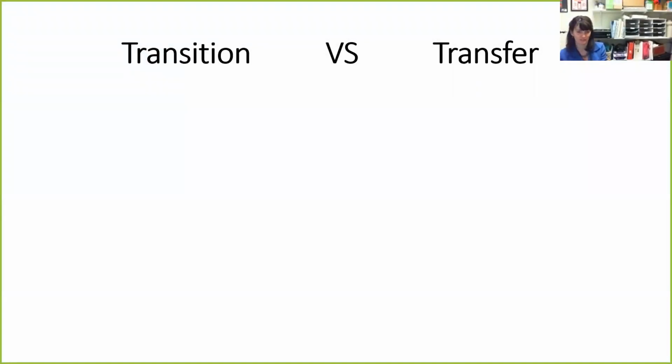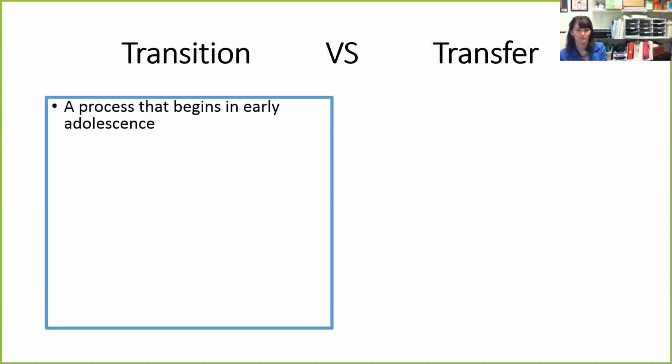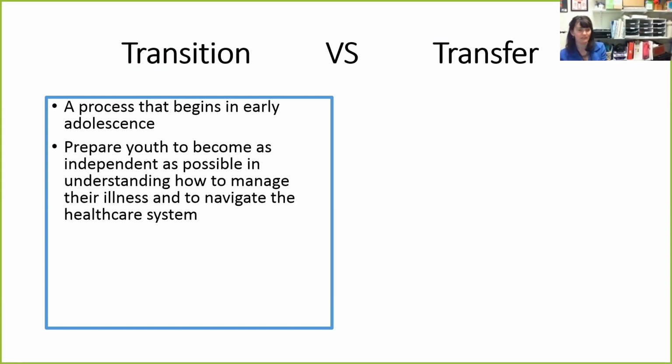So what is transition and what is transfer? Let's start with transition. Transition is a process that begins in early adolescence. It doesn't happen just at adulthood. It's a preparation process for the youth to become as independent as possible in understanding how to manage their illness and how to navigate the healthcare system.